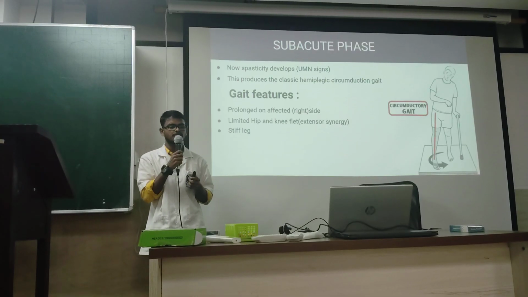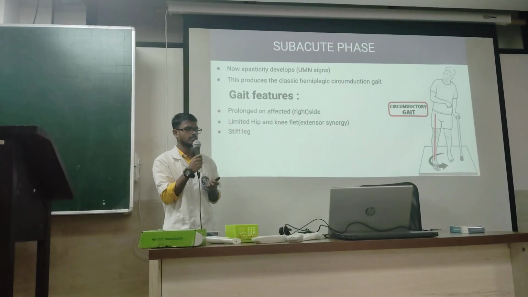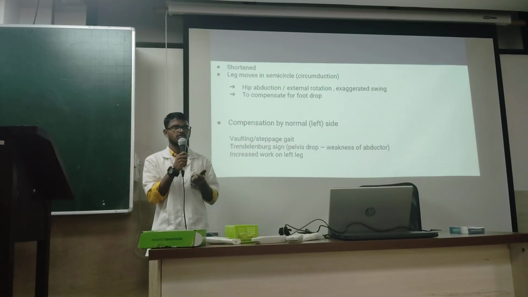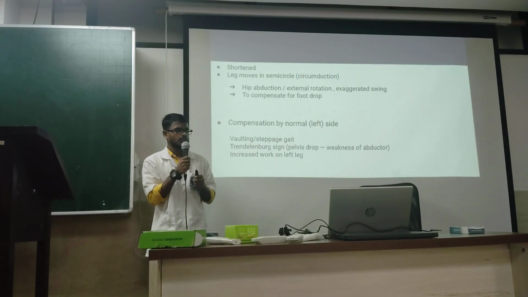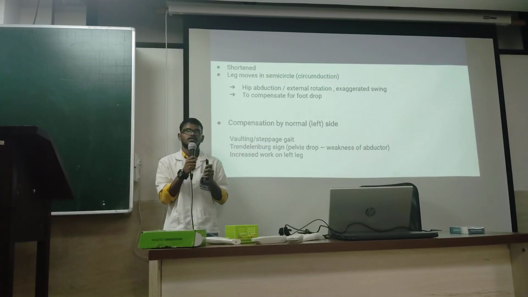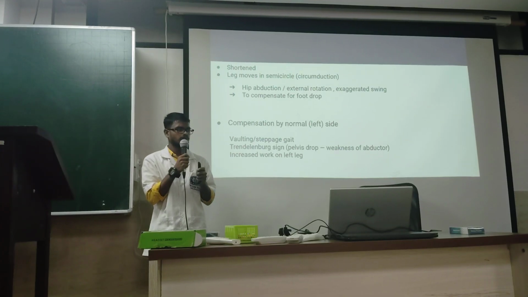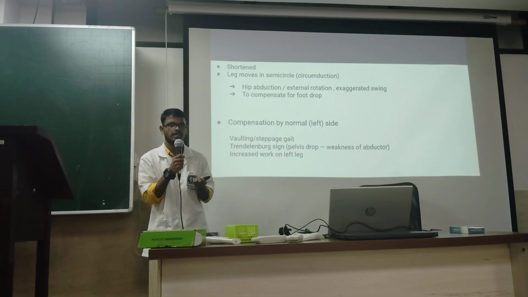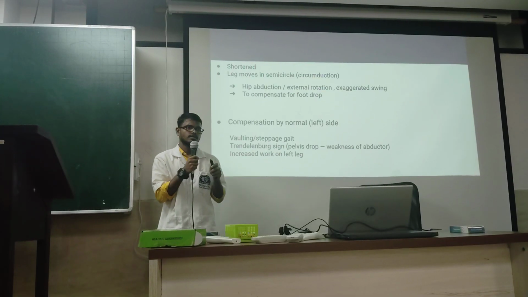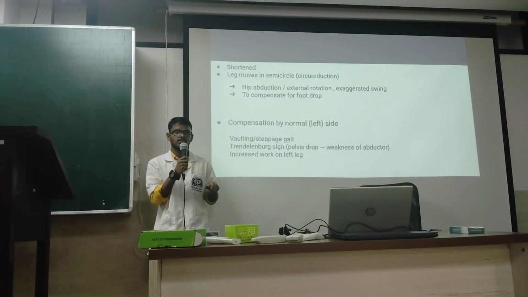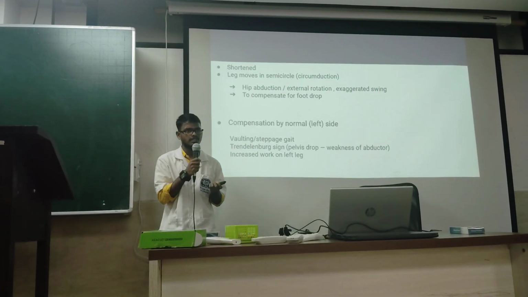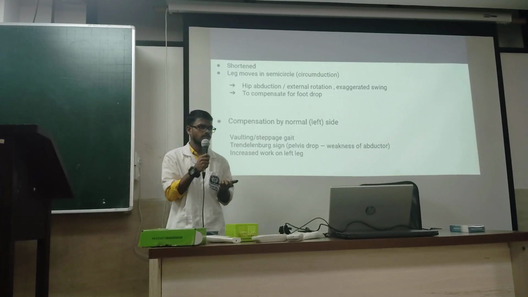This means the leg tends to be stiff, and due to the limited movement, he cannot flex the knee and hip, so the leg moves in a semicircle, that is circumduction, performed by hip abduction and external rotation.